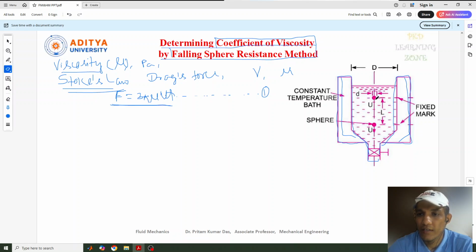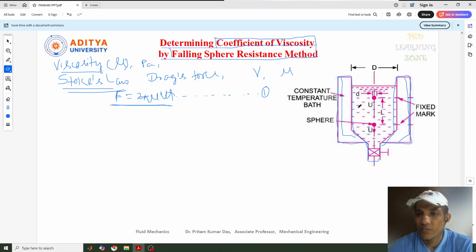Why? Because if the temperature of the fluid changes, the viscosity of the fluid will also change, since viscosity depends on temperature. So this outer boundary of the container is an insulated, constant temperature bath type.